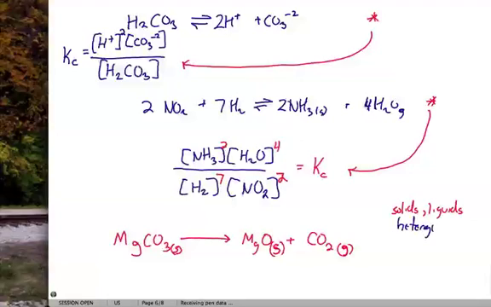These are what we call heterogeneous equilibrium expressions. Rather than being all the same phase, we'll have materials that have different phases. How do we deal with them? It boils down to this idea of what we're actually measuring with the equilibrium constant.